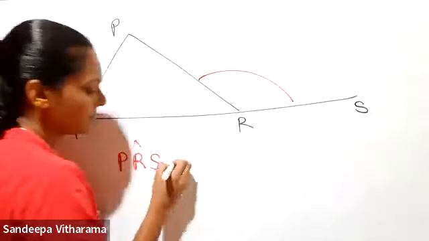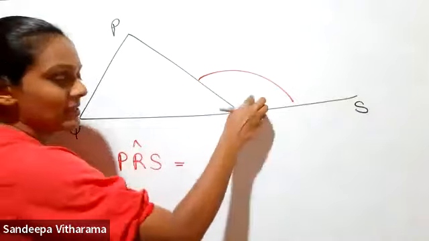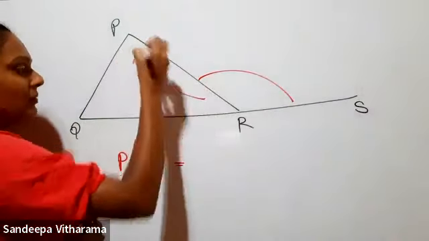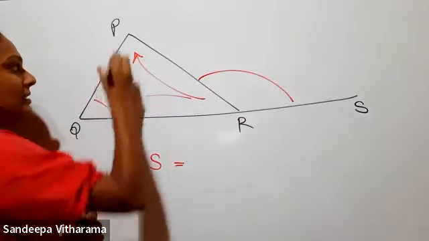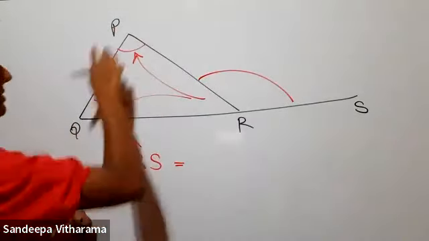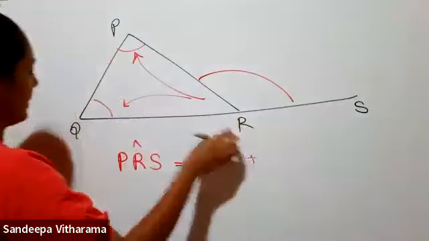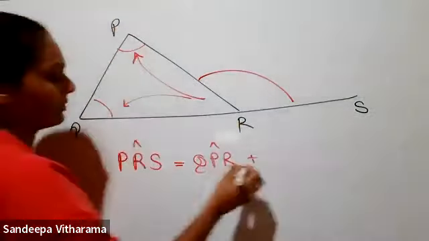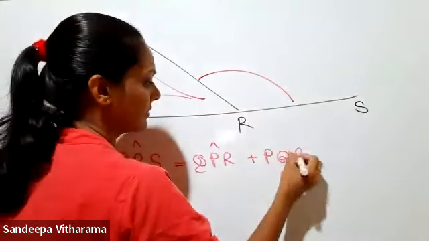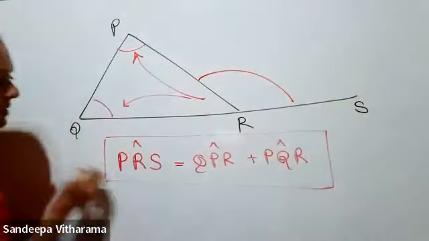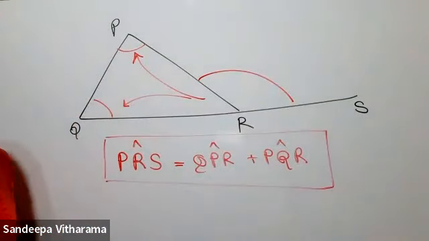According to our theorem, we know that this angle is equal to the sum of the two opposite interior angles. That means QPR and RQP or PQR. This is the relationship that we can obtain by using a diagram. Okay, write down this also under this.